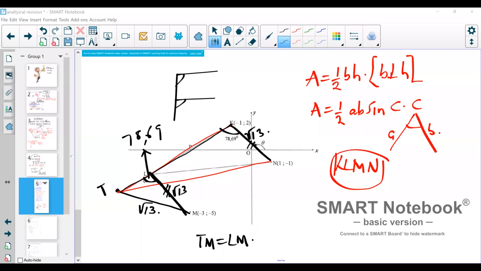If the side is equal to the side, I actually have an isosceles triangle. And we know that angles opposite equal sides are equal. So if this side is equal to that side, it means that this angle here should be equal to that angle. Angles opposite equal sides. So this angle here is equal to that angle, which is 78.69 as well.